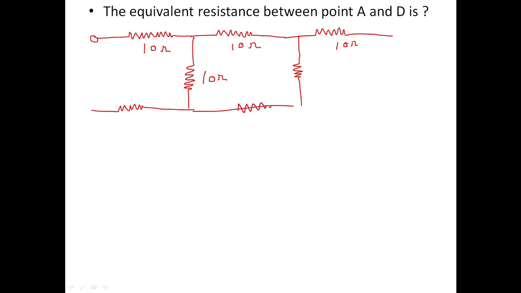Here 10 ohm is there, here 10 ohm, 10 ohm, and here 10 ohm, and this is our 10 ohm, and this is our point A, this is our point B, this is our point C, and this is our point D. So we have to calculate the equivalent resistance from point A to D. So how can we calculate?